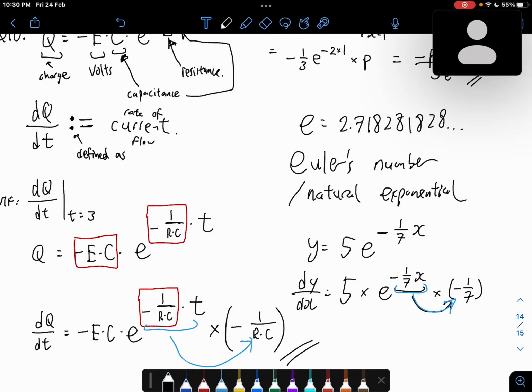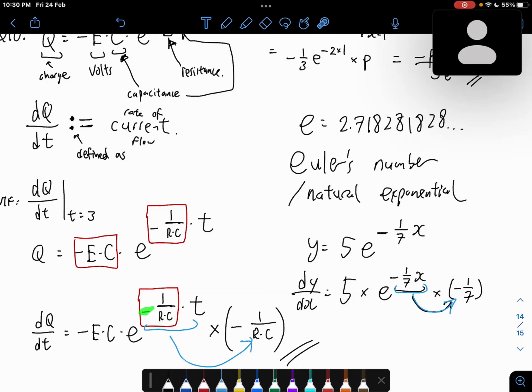So this is just a bunch of numbers. Pretend that r is like an 8 and c is like a 9. 8 times 9 is 72, so it's -1 over 72. It's a variable like r times c. I don't know the actual value of r and c, but it's just a constant, just a number. So it's just a negative number over a number, so the whole thing is just a number.